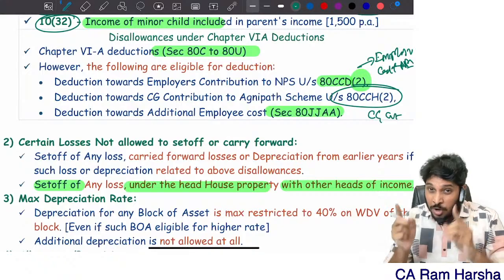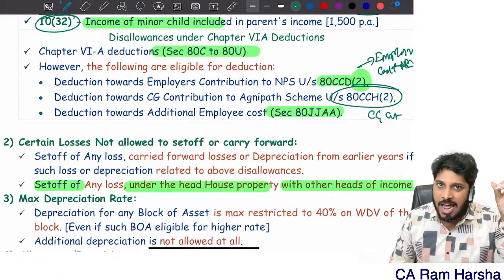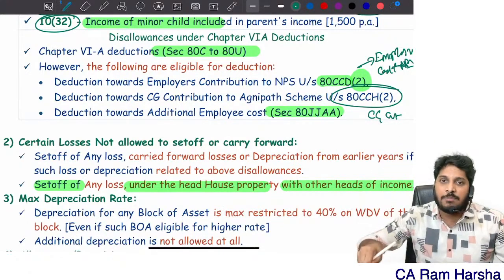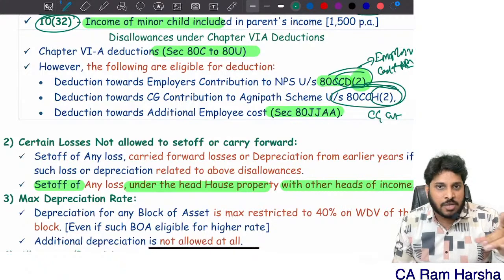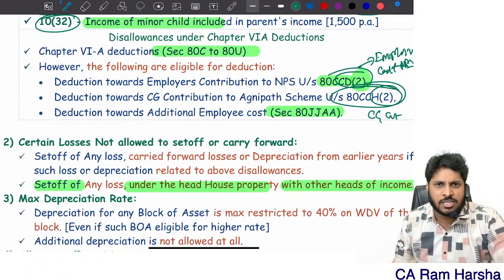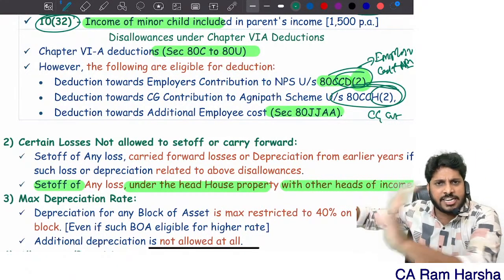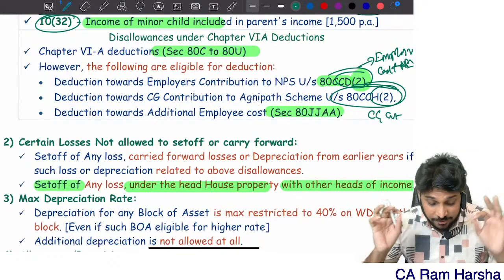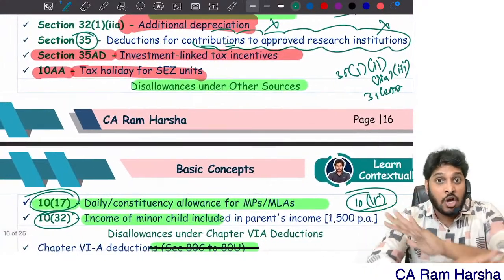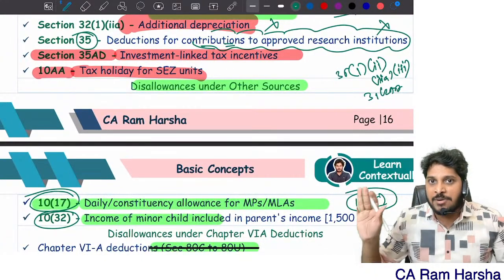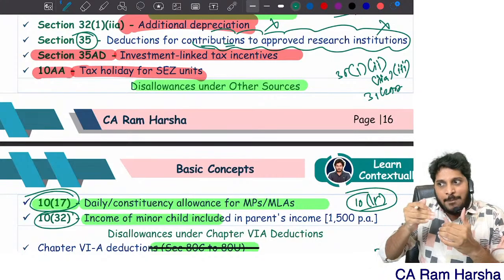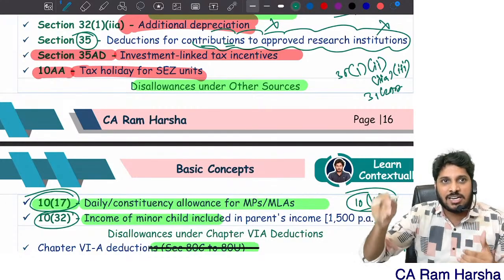These two originally will be taxed as salary in their hands. Then they can claim deduction under chapter 6A under 80CCD subsection 2 and under 80CCH subsection 2. How much they can claim, we will discuss in the deductions chapter. Are you clear? If you observe, under default tax regime, no provisions related to capital gains were discussed. So capital gains is not at all discussed under default tax regime.